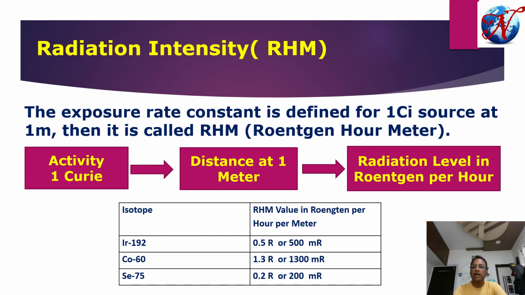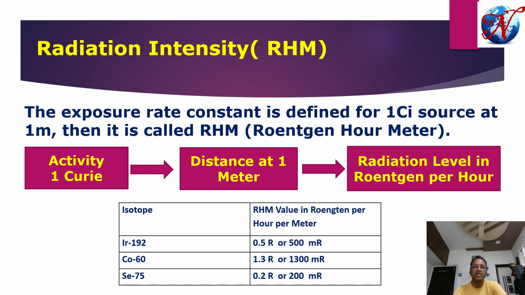So the Roentgen is the amount of radiation in a particular area which can produce one electrostatic unit of charge at STP. That amount of energy is considered one Roentgen. Iridium, selenium, and cobalt all have different RHM values.